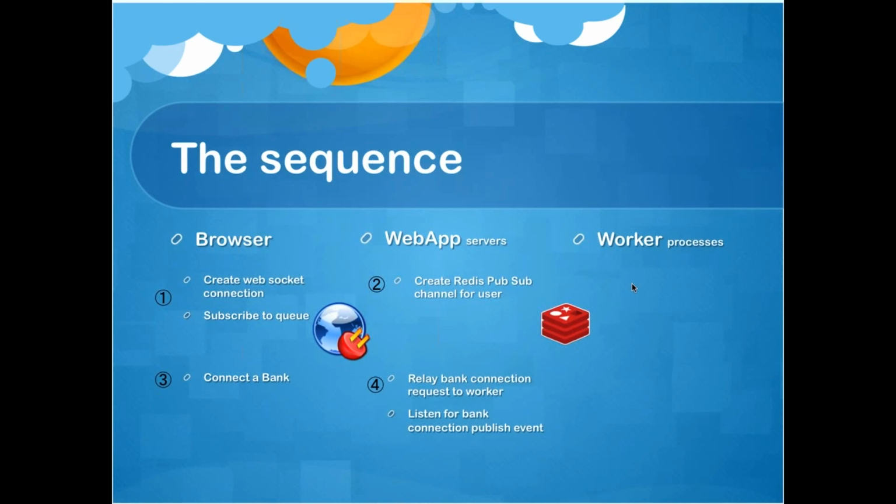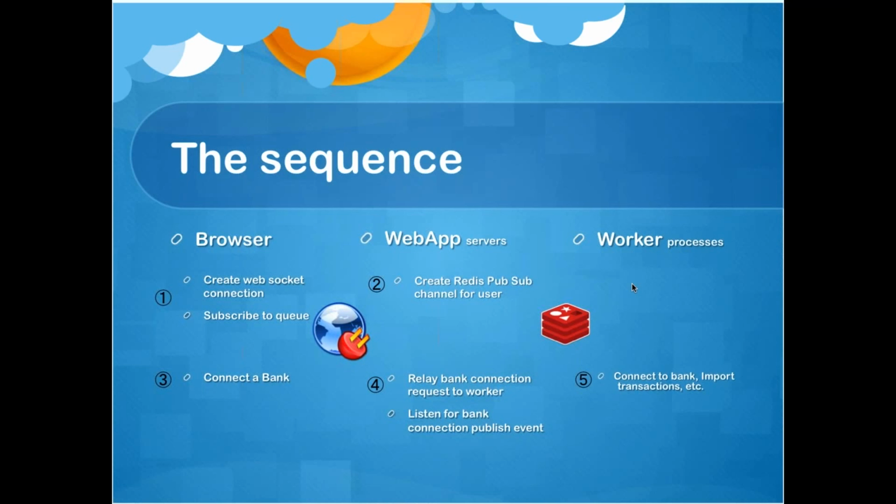When the user, let's say, tries to connect a bank or categorize a transaction, we get the bank connection request to the worker. Actually, I'm sorry, this goes over HTTP only. But since the subscribe queue is there, it would listen for a bank connection publish from the backend, the web app servers. All the heavy work is done by the worker processes.